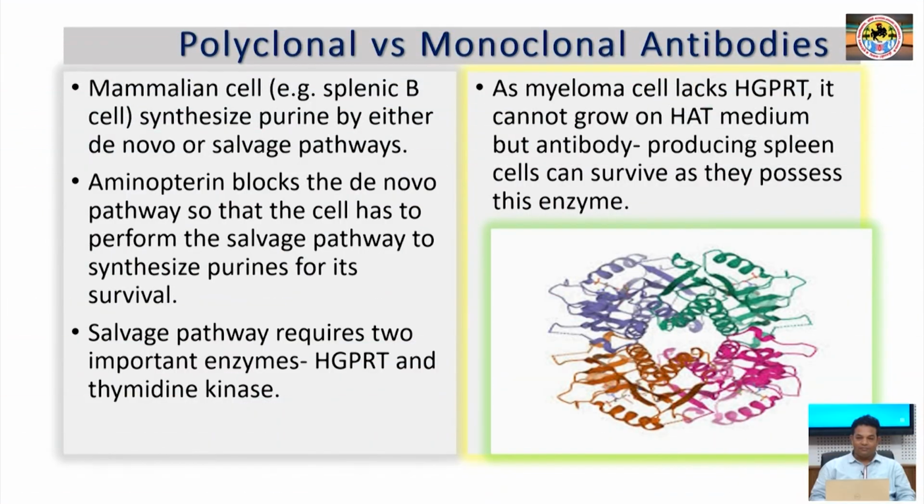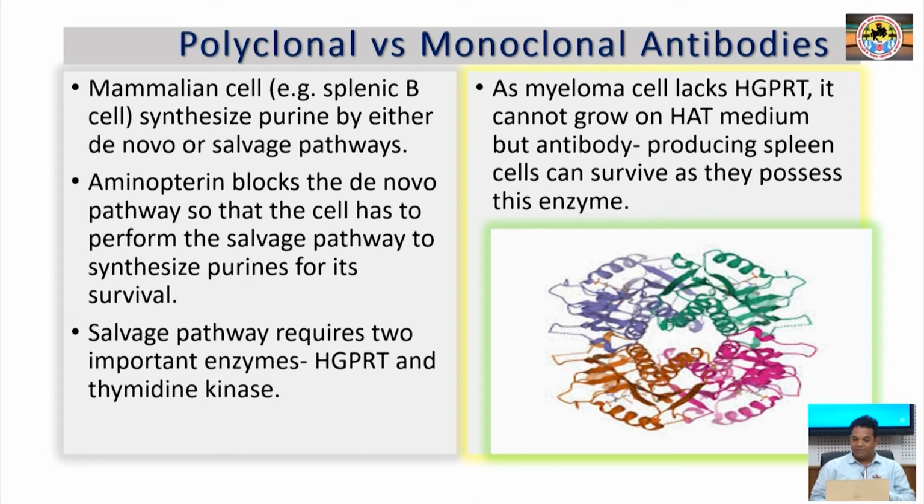You get it? So, a myeloma cell which lacks SGPRT cannot grow on HAT medium, but antibody producing spleen cells can survive as they possess this enzyme.